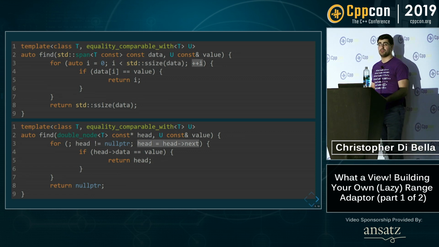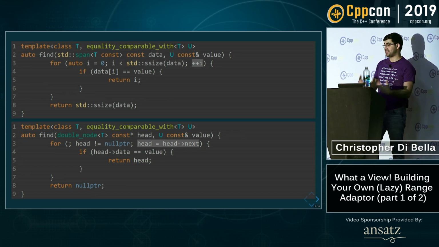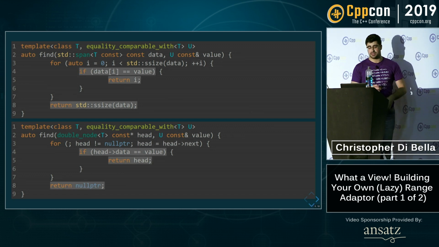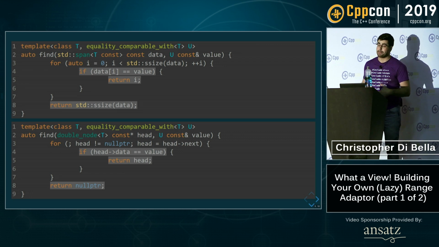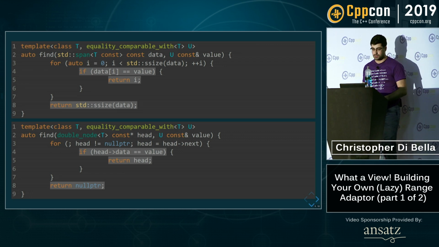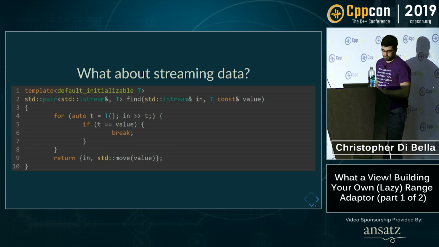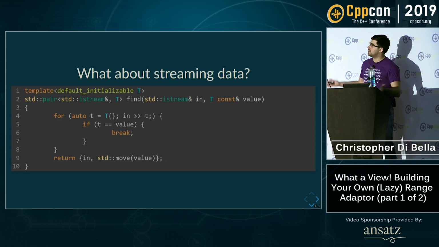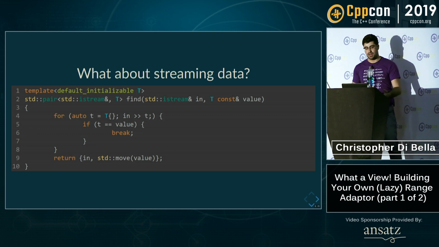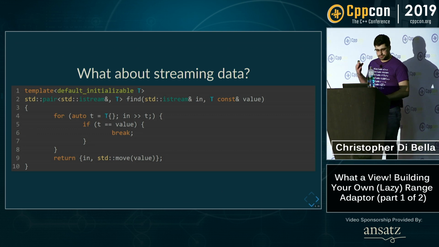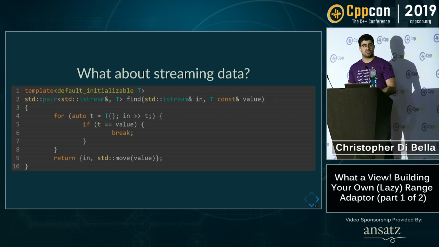Then we have a way of moving forward to a successor element, or the next element in the range. And then we do a comparison and return a position based on what we've observed. And this is what a find would look like if we're streaming data. We're going to read something in, and we're going to continue reading until we either find something or the range is no longer readable.